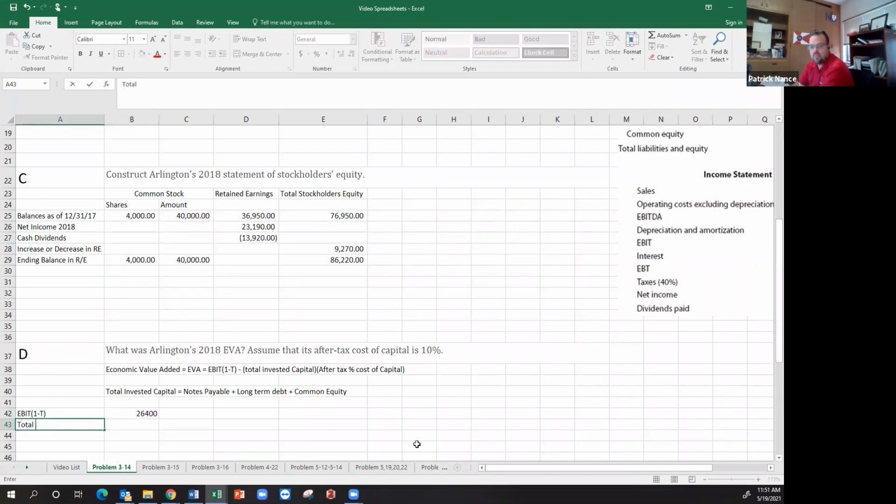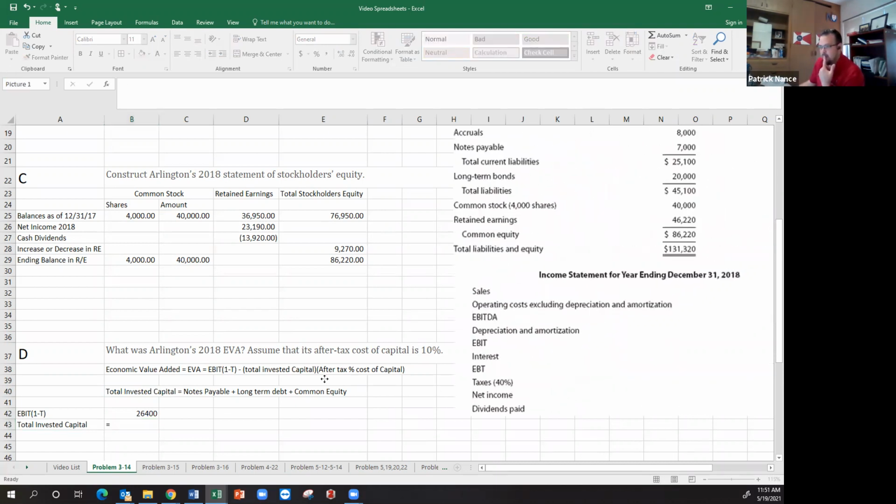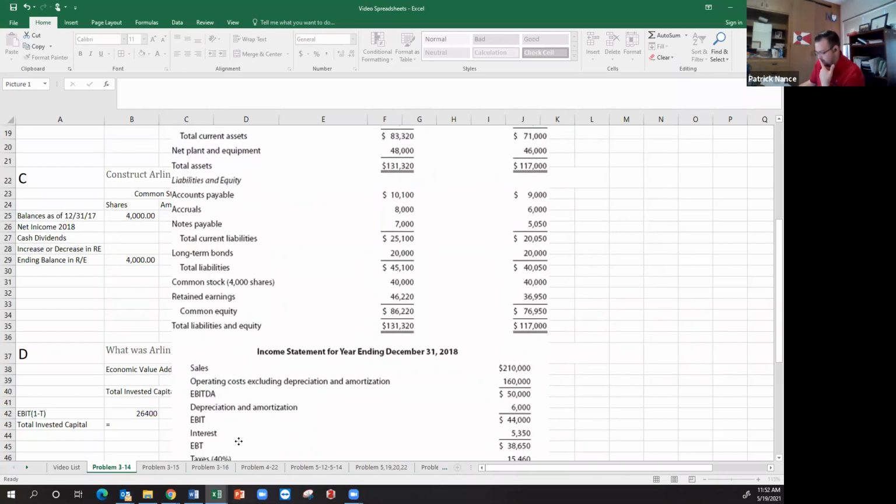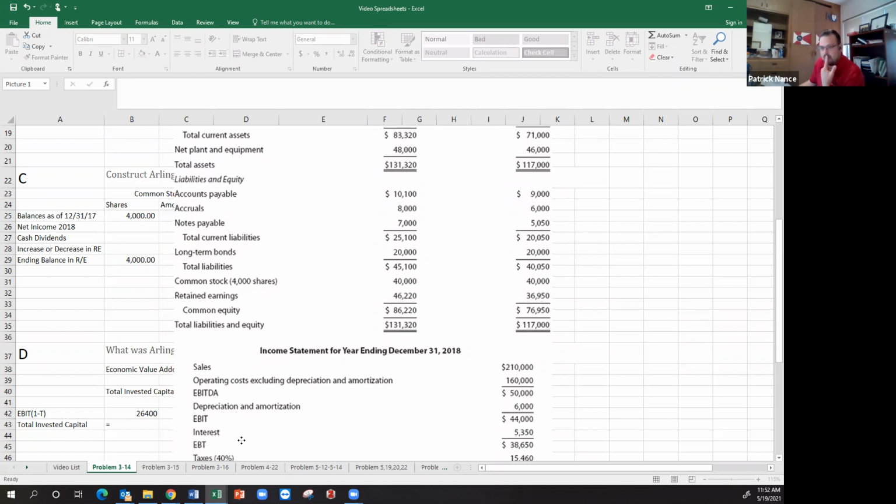The total invested capital I can find by taking the formula for it: notes payable plus long-term debt plus common equity. So my notes payable is 7,000 right here. My long-term bonds, which is long-term debt, is 20,000.